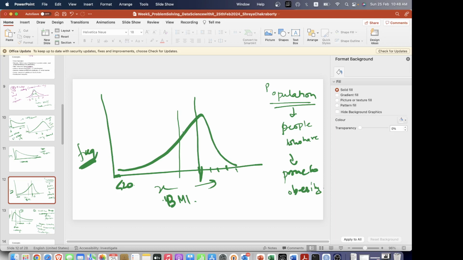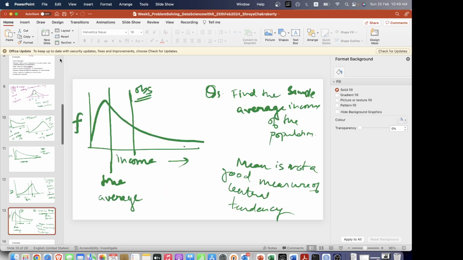Then if I am trying to represent a population prone to obesity and I say they all fall in the normal range, I would be giving a wrong answer. It would not be indicative of the true picture that is prevalent.